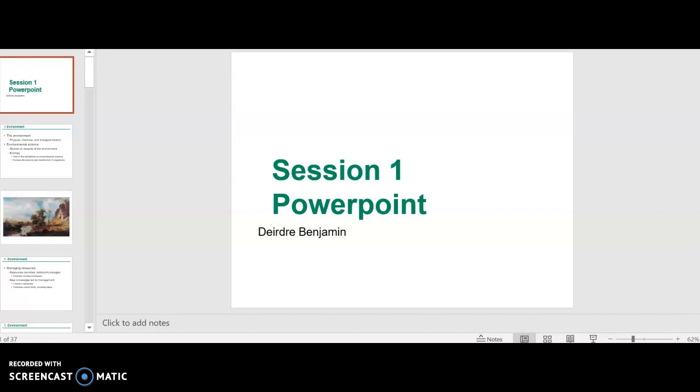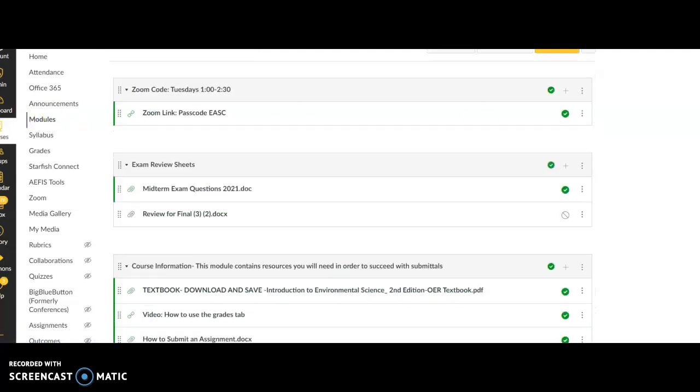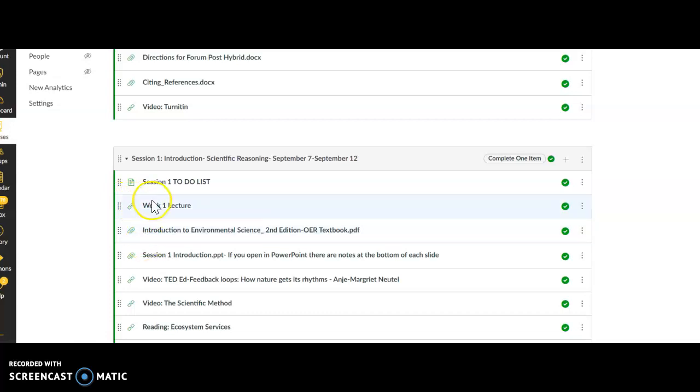So if you are in Canvas, you would go to your modules area, and under Session 1 will be the lecture. The OER textbook is here, and of course you want to read your description or your to-do list to find out what parts of the chapter you want to read.